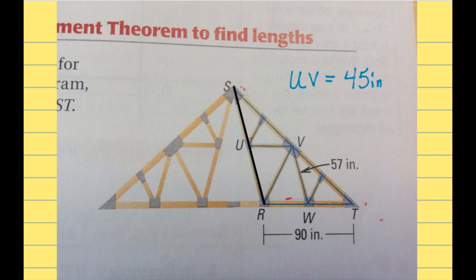WV is the midsegment that's parallel to that, and WV is half the length of RS, which means that RS is twice the length of WV. So if WV is 57, then RS is twice WV, which means that RS is 114 inches.